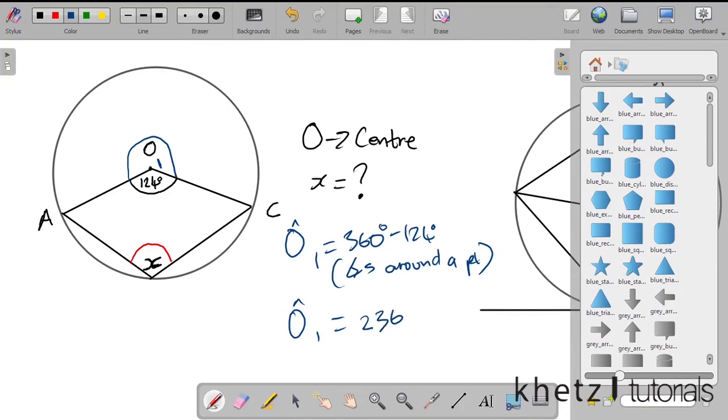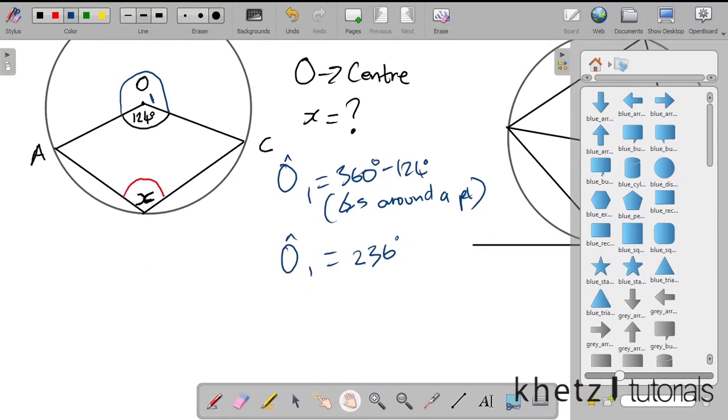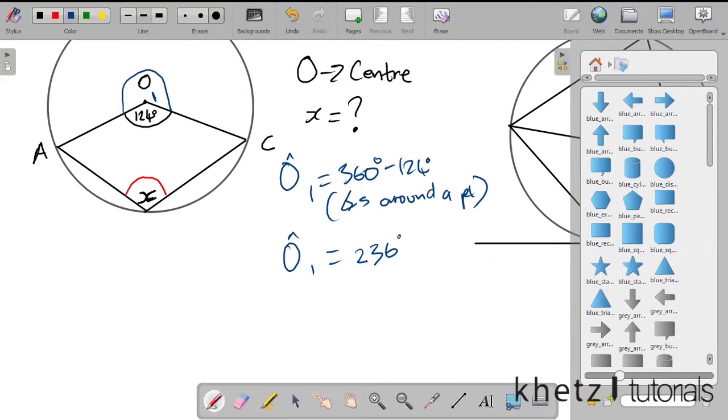And now that we have this 236 and we're told that O is the center, we can say that the value of X is equal to O1 divided by 2, and the reason for that would be angle at center. We know that the angle at the center here is equal to twice the angle at the circumference, right?